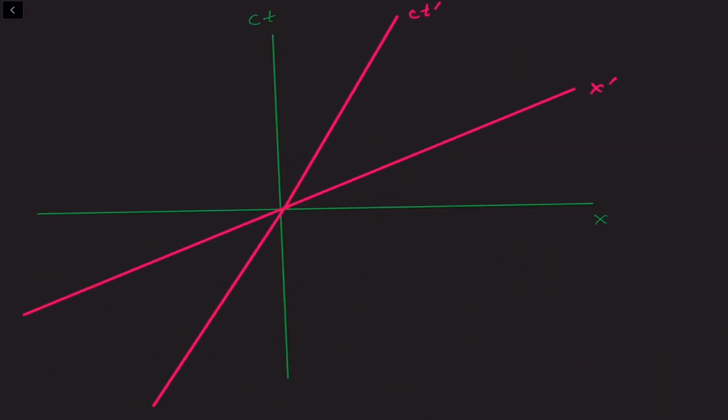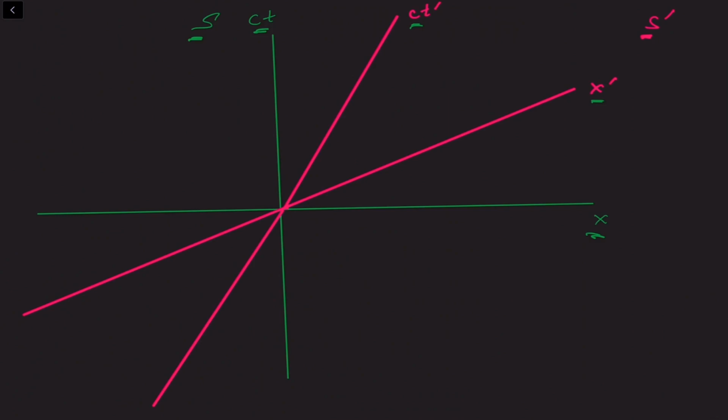And finally, let's discuss the idea of time dilation from the point of view of these space-time diagrams. So again, the x and ct axes represent what an observer in frame S would conclude about the coordinates of any space-time point, and the axes x prime and ct prime tell us about the coordinates of an observer in frame S prime moving with respect to S at a speed beta.